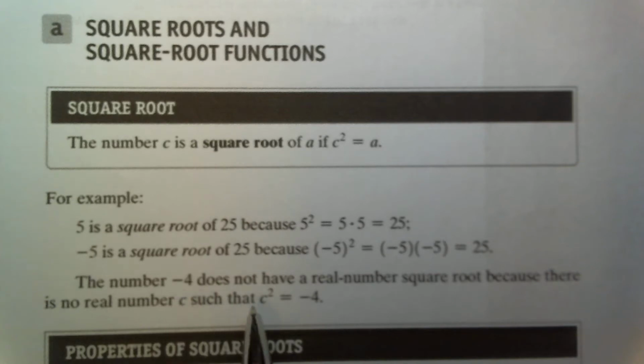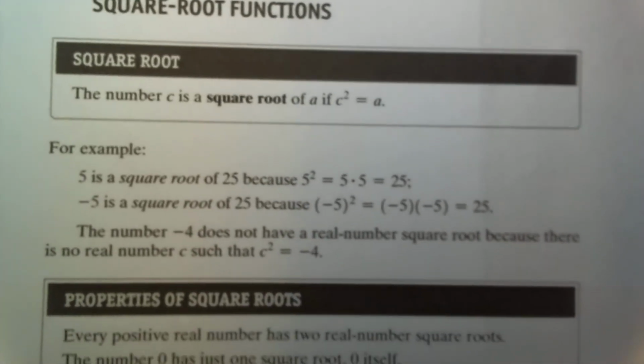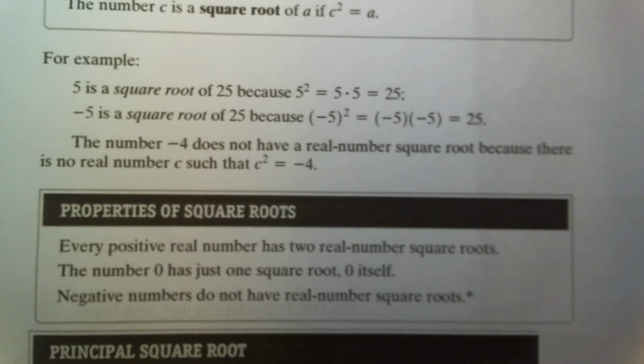Now the number minus 4 does not have a real number square root because there is no real number c such that c squared equals minus 4. So then we have some properties of square roots, and that is that every positive real number has 2 real number square roots, and the number 0 just has 1 square root, 0 itself, and then negative numbers do not have real number square roots.